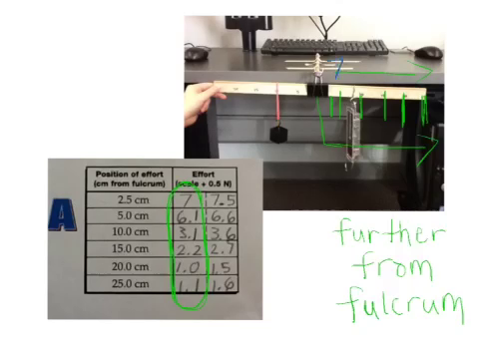And when it was at 5 centimeters, it was 6.1. And when it was at 10 centimeters, it was 3.1. And 15 centimeters was 2.2. 20 centimeters was 1.0. And I can see that those numbers are decreasing as I get further from the fulcrum.